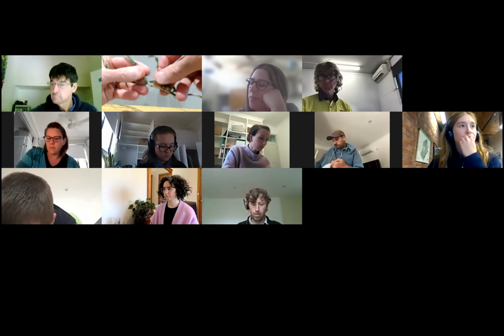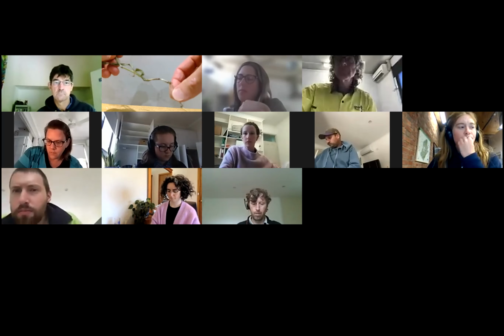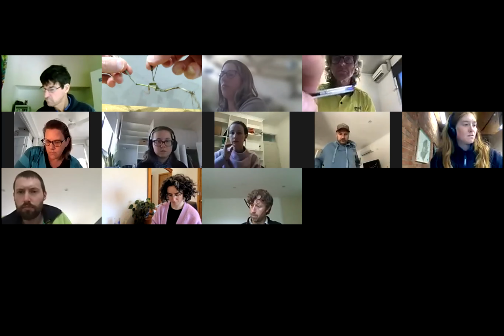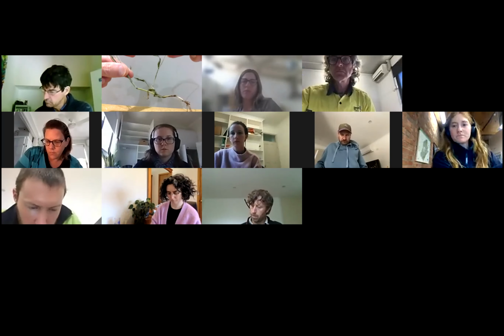Now here you can see that I've got a stem with some roots on the right there, and if I go up a little bit further, I can see that the stem is branched.